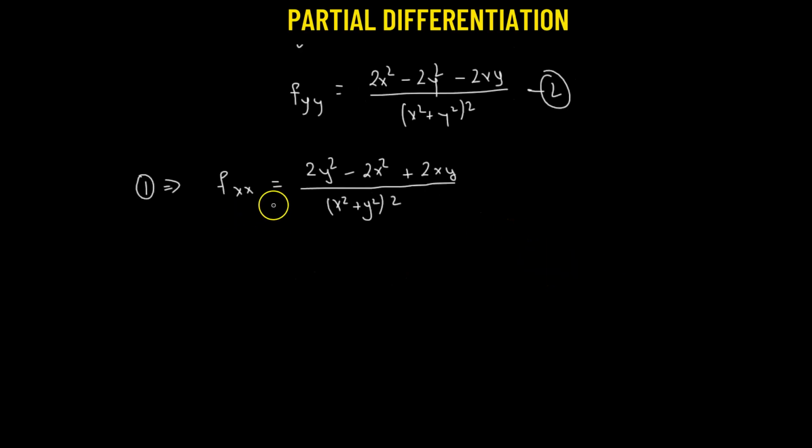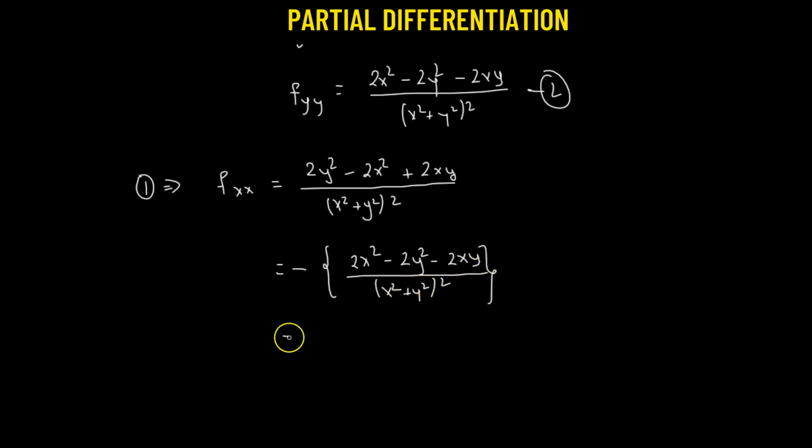Now in equation number 1, we obtained the second partial of f with respect to x equal to 2y squared minus 2x squared plus 2xy divided by x squared plus y squared whole squared. So if we take negative as the common factor, then in the numerator we will have 2x squared minus 2y squared minus 2xy divided by x squared plus y squared whole squared, and this entire term within the parentheses can be replaced with equation number 2.